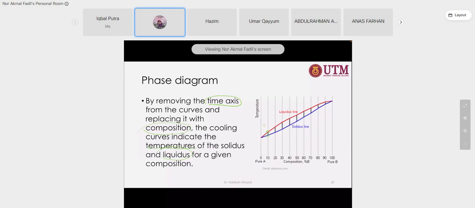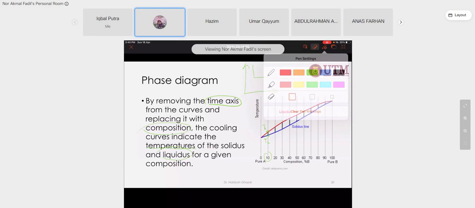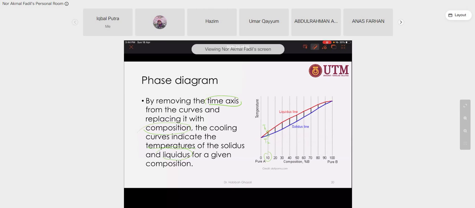Remember, this one is T1 and T2. Where we get T1 and T2, for example, this is 10%.